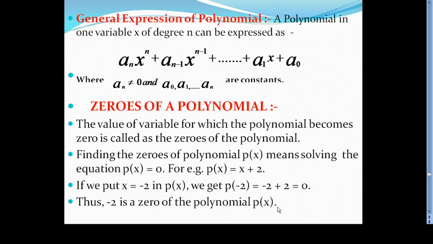So in simpler words, students, those values which, when substituted at the place of the variable, result in 0, that means p(x) equals 0, that particular value is called a zero of a polynomial. Simply we have to solve the equation and find out for what value of the given variable the whole polynomial becomes equal to 0. That is called a zero of a polynomial.